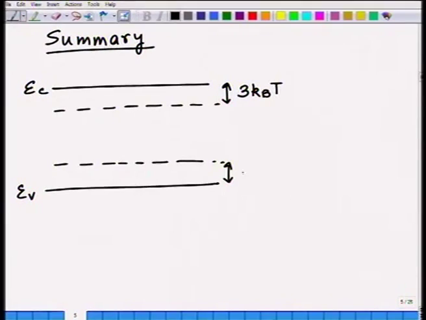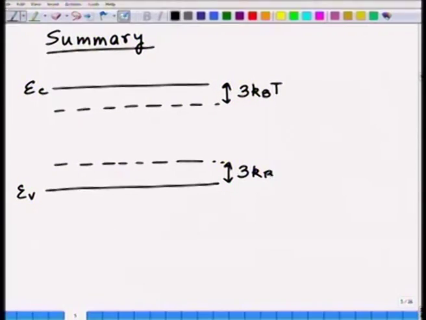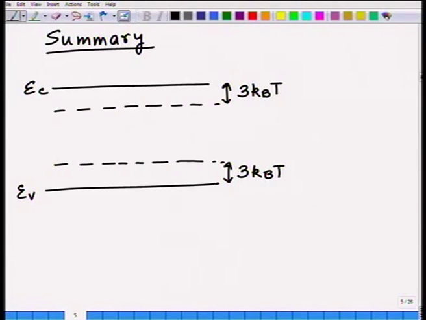This is 3 kBt and this is also 3 kBt. In that case, what happens?